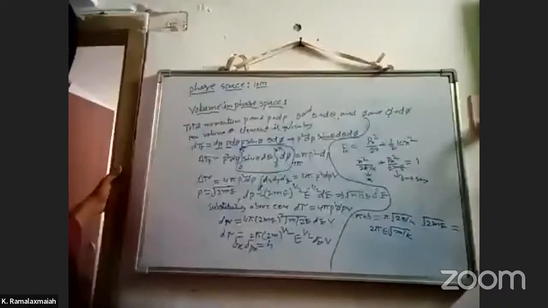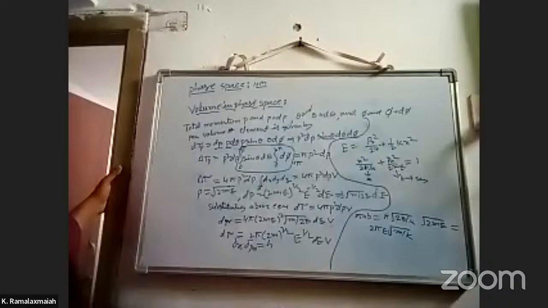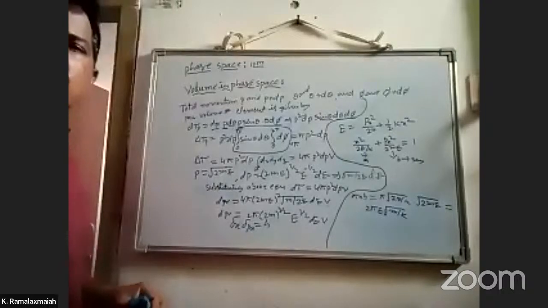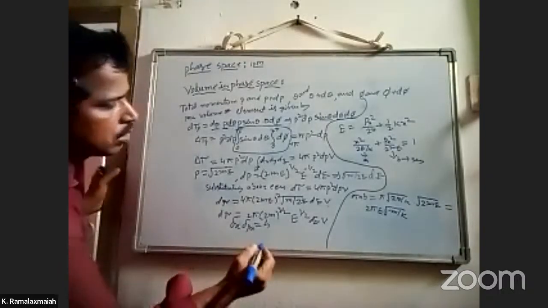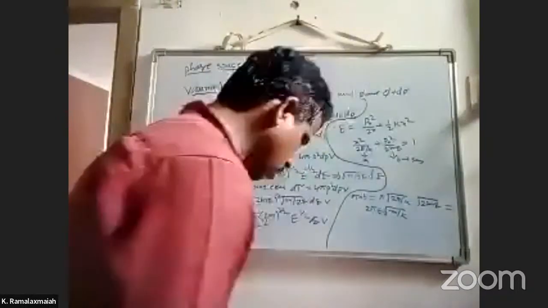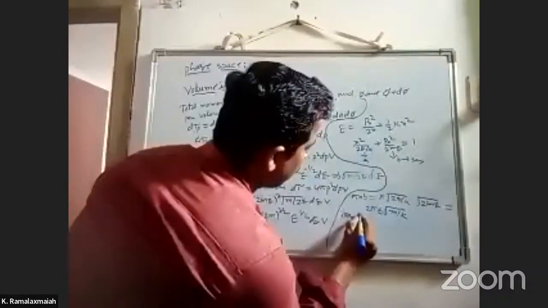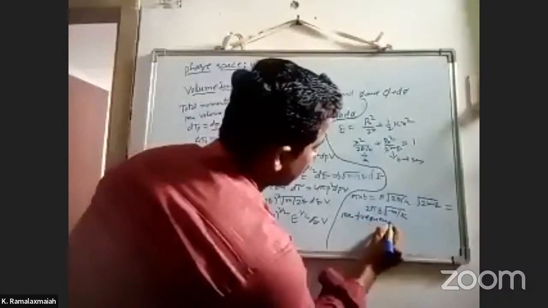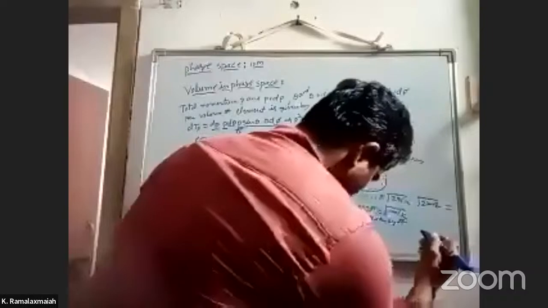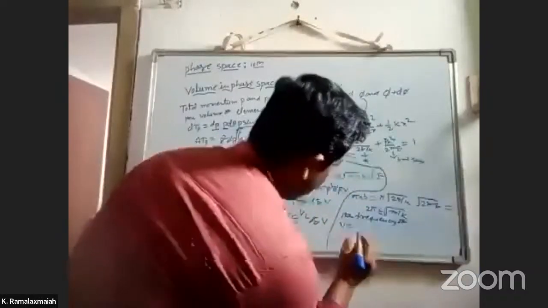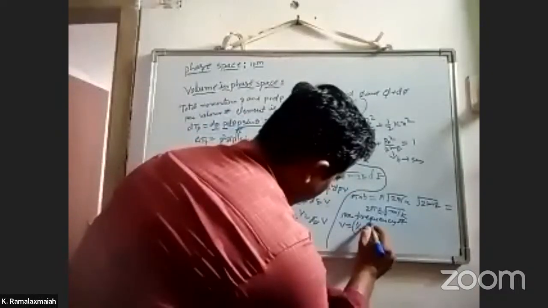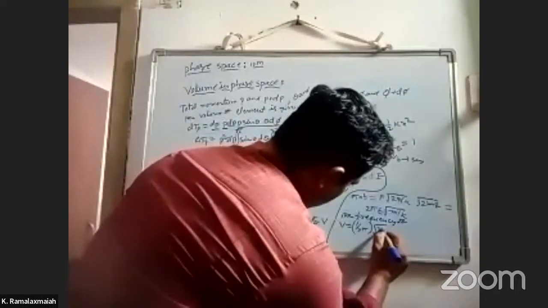The frequency of the oscillator v is given by v is equal to 1 by 2 pi under root of k by m.